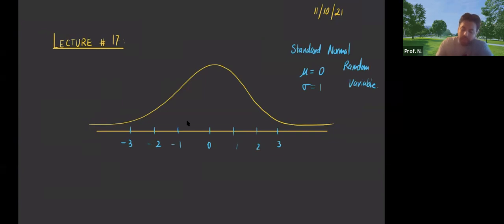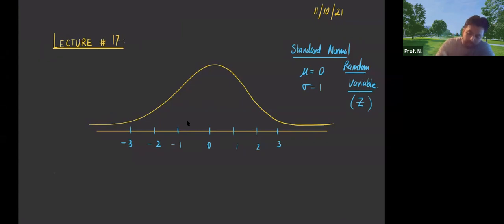And we study the standard normal random variable for many reasons. One of them is that we can standardize, quote unquote, most of our normal random variables.